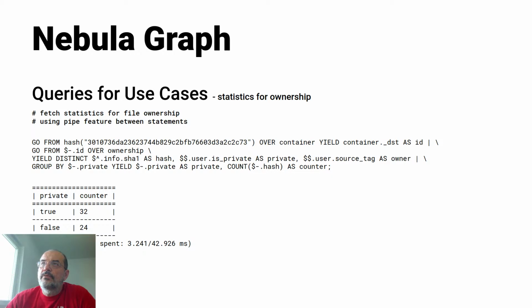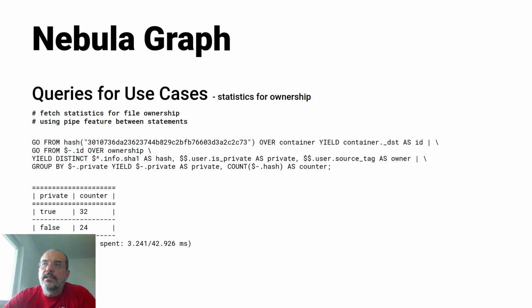And the other type of queries we can use are statistics for ownership, for example. So you remember those use cases I mentioned earlier. If we fetch statistics for file ownership, we can easily validate, for that specific SHA-1 hash we are using here, whether we have and how many private and public sources.